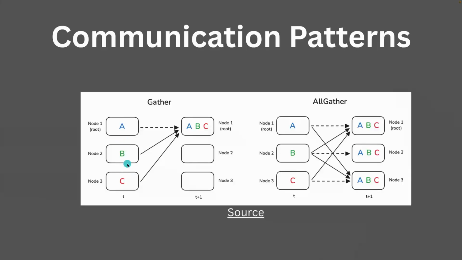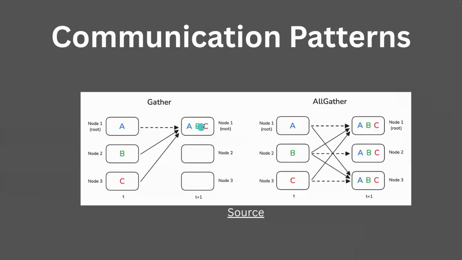These are different devices, and you want to collect all the data in one device. This communication pattern is called gather. Here you specify all the sources, that is all the devices present in your mesh, and you specify the destination. Here the destination is node 1, and all of them send their data to this node.